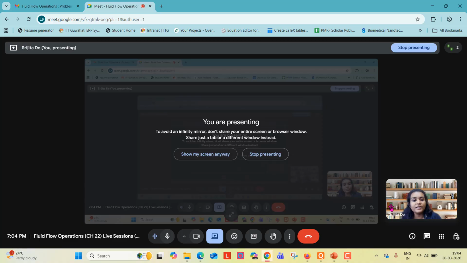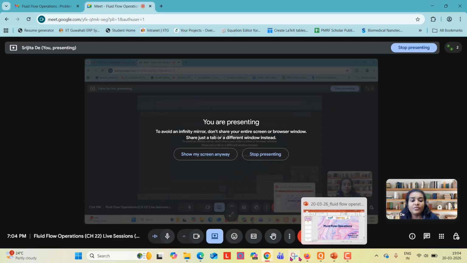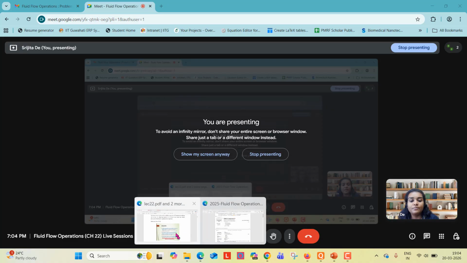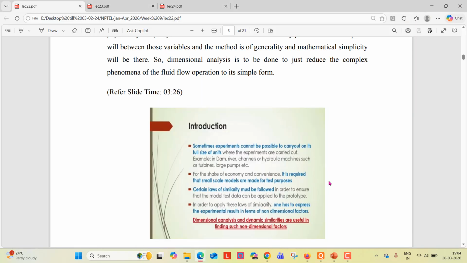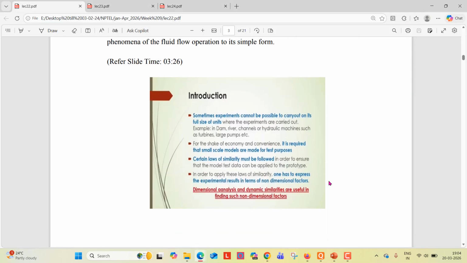How to do it? There are two methods to do it: Rayleigh method and the Buckingham pi method. Okay. So it is the thing they have explained here that sometimes experiments cannot be carried out on full size units, right? Where the experiments are carried out in dams, rivers, channels, or hydraulic machines such as turbines, large pumps.